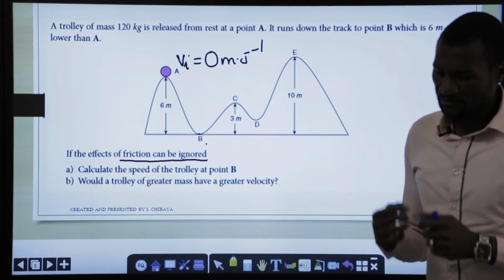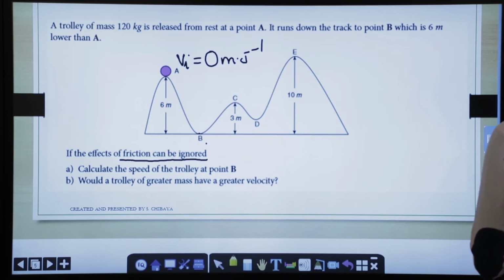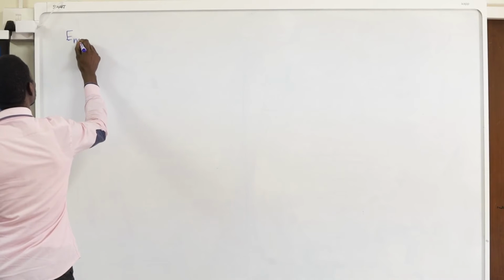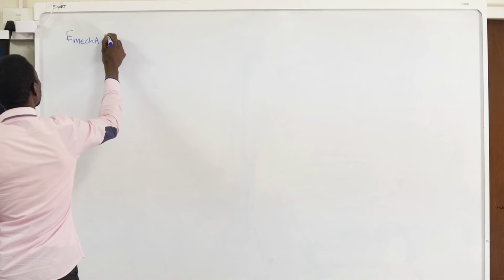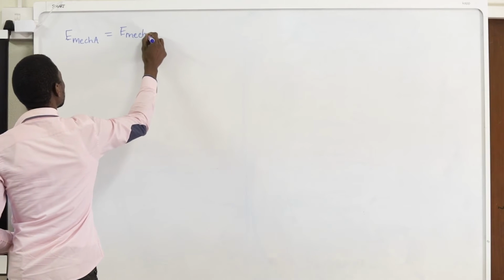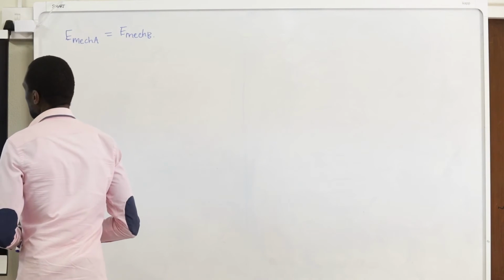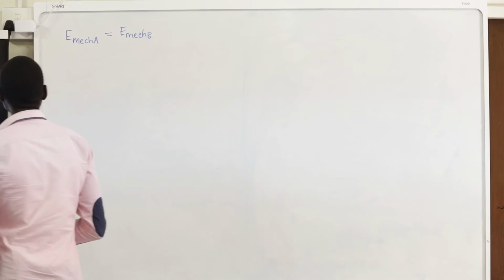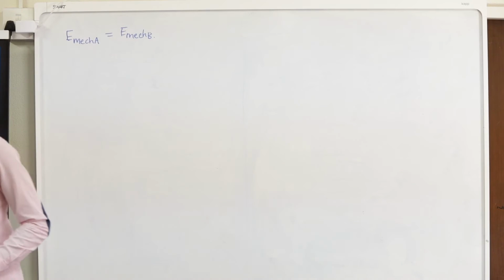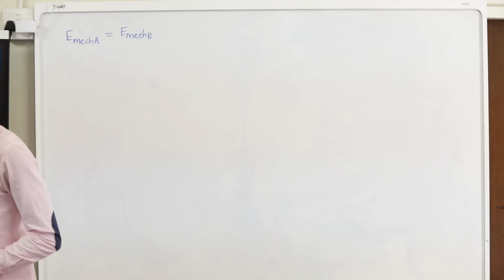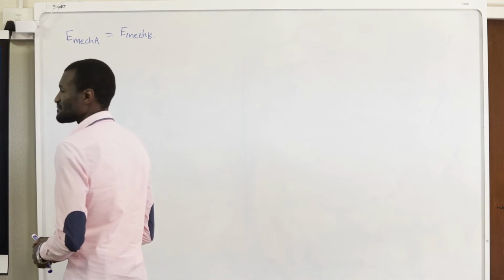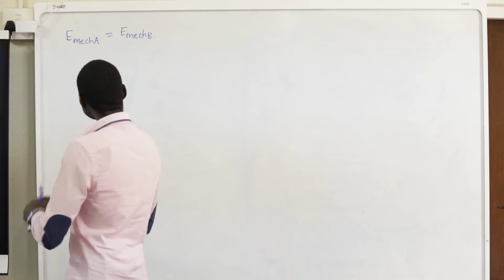In other words, mechanical energy at A is equal to mechanical energy at B. What is mechanical energy? Do you remember what mechanical energy is? Go back to your notes and find out if you still remember what mechanical energy is. Write it down.